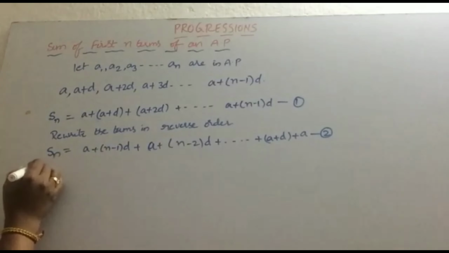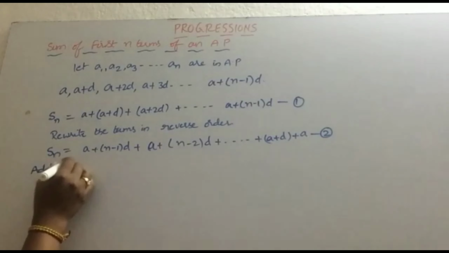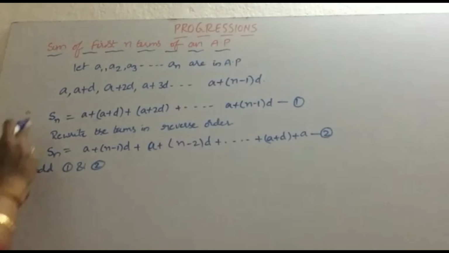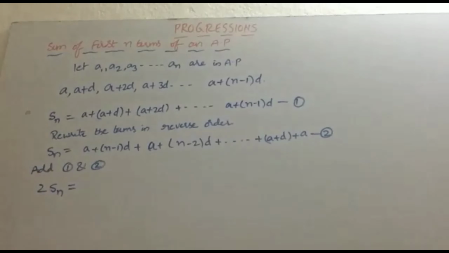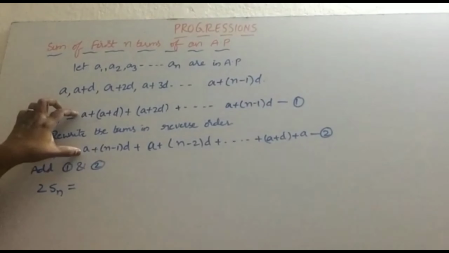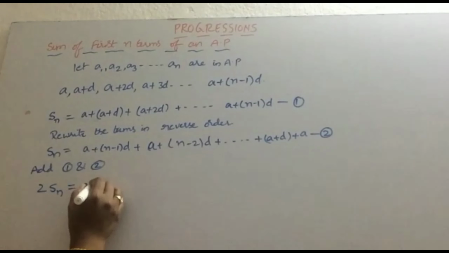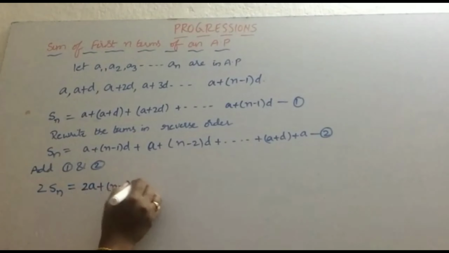Now we will add equations 1 and 2. Then 2Sn is equal to, I will add these two terms, that means 2a plus n minus 1 into d.